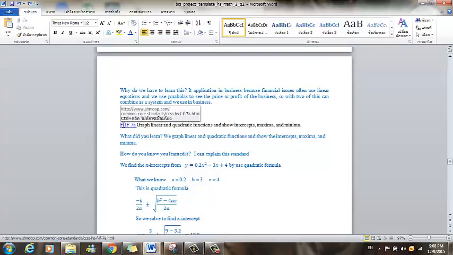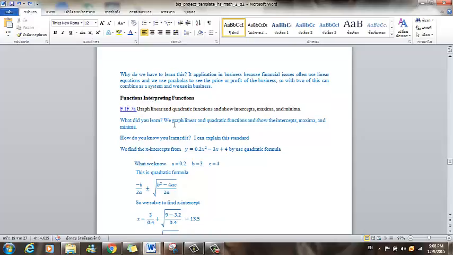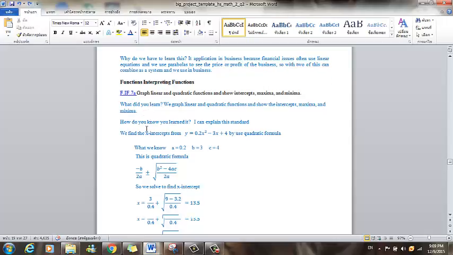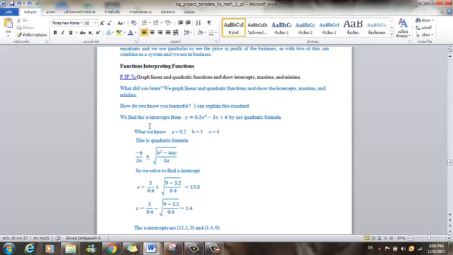And the next standard is F.IF.7a. What did you learn? We graph linear and quadratic equations to show the intercepts, minima and maxima. How do you know you learned this? I can explain or understand that.